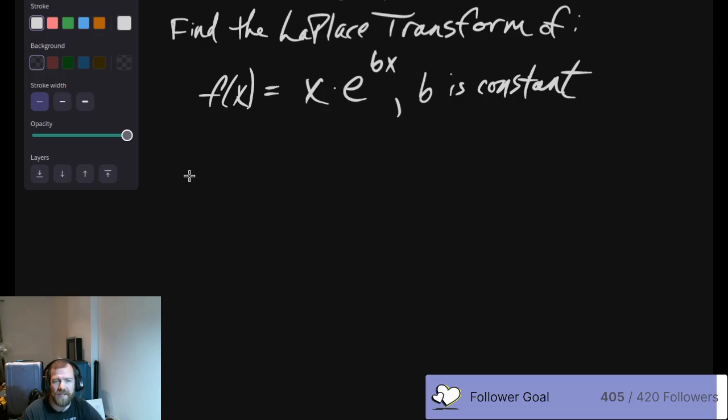Merriweather, how's it going? B is not required to be less than 1. It is just going to be a constant. So, because we're doing Laplace transform, we don't really actually care what B is.